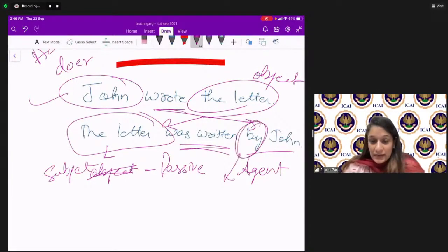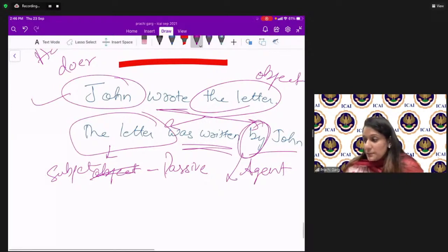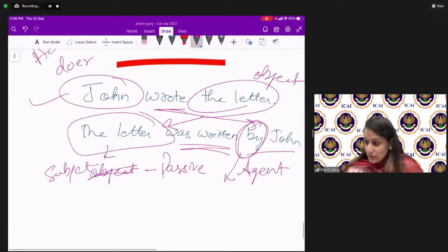This by is added before the agent. Whenever the person who has performed the action, that name comes in the end, we use by, so that we tell that this action was performed by him or her. Clear? Yes.